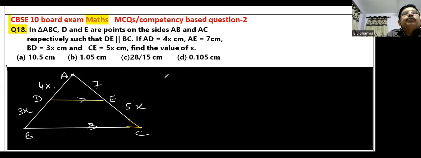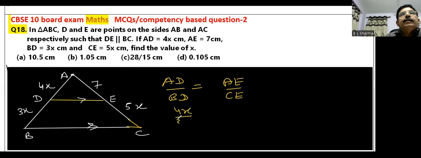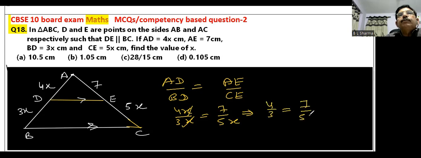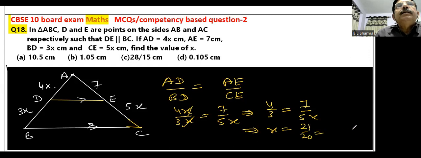By basic proportionality theorem, AD upon BD is equal to AE upon CE, that is 4x upon 3x is 7 upon 5x. x is cancelled by x, so 4 upon 3 is 7 upon 5x, x is equal to 21 upon 20, that is 1.05. Therefore, B is the correct option.